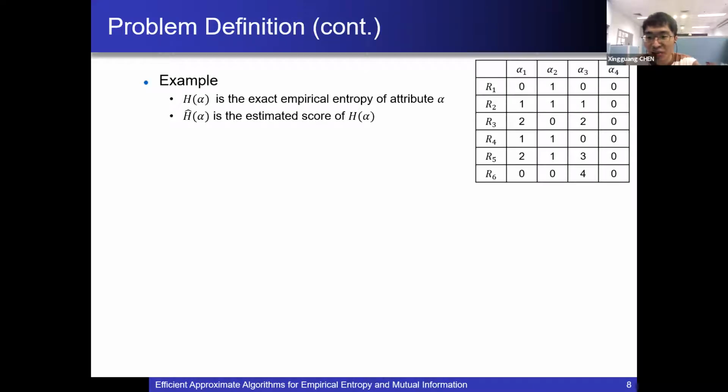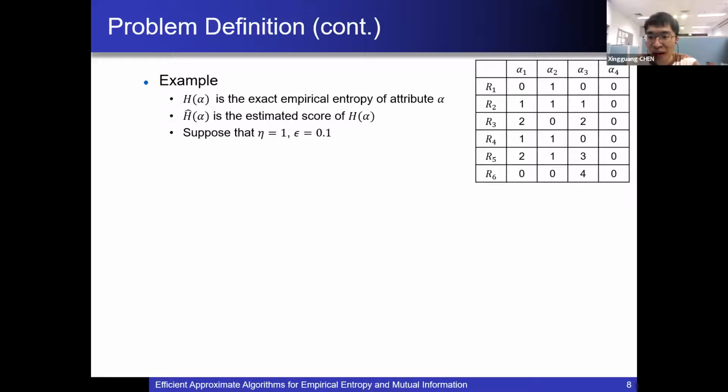Take the same table of the previous slides as an example. Recall that H alpha is the exact empirical entropy of attribute alpha, and H hat alpha is the estimated score of H alpha. We want to answer the approximate filtering query on empirical entropy when eta is 1 and epsilon is 0.1.